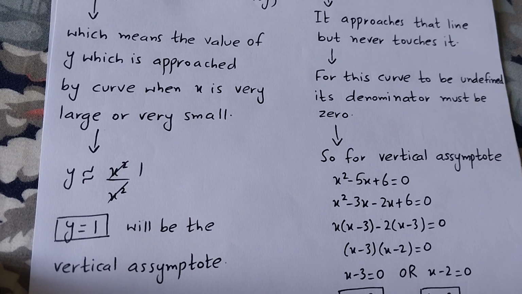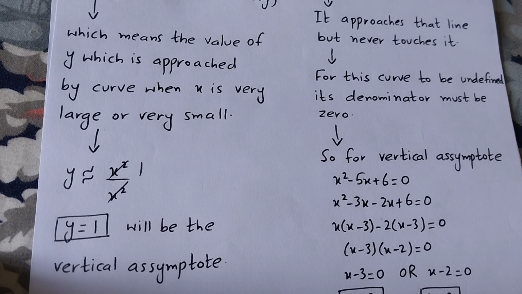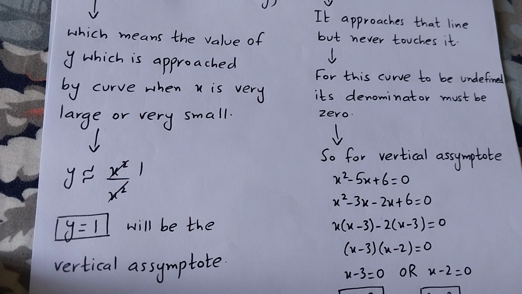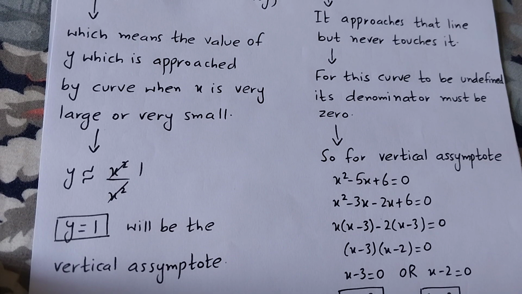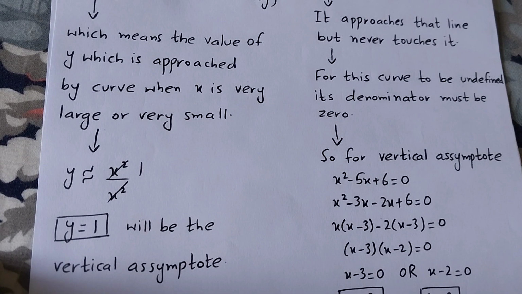And the horizontal asymptote is that horizontal line, or the value of y which is approached by the curve but never reached by it, whenever the x becomes very large or very small, or x approaches infinity or negative infinity.